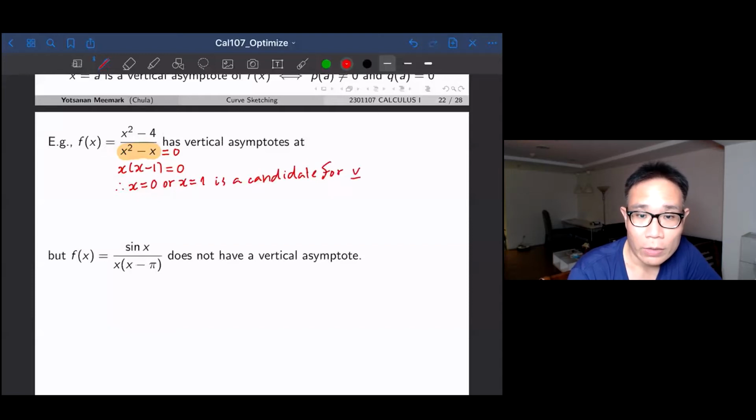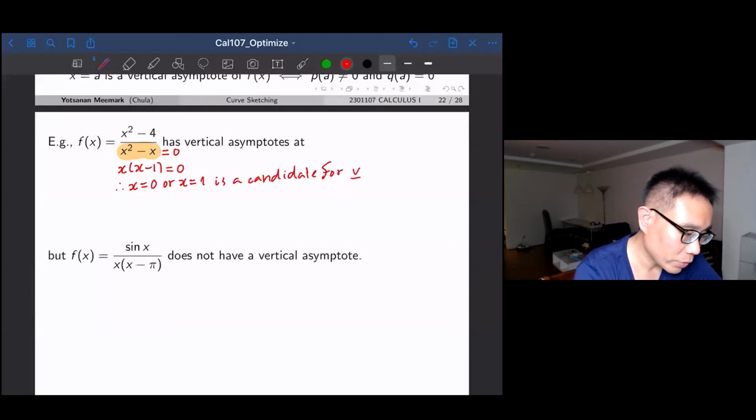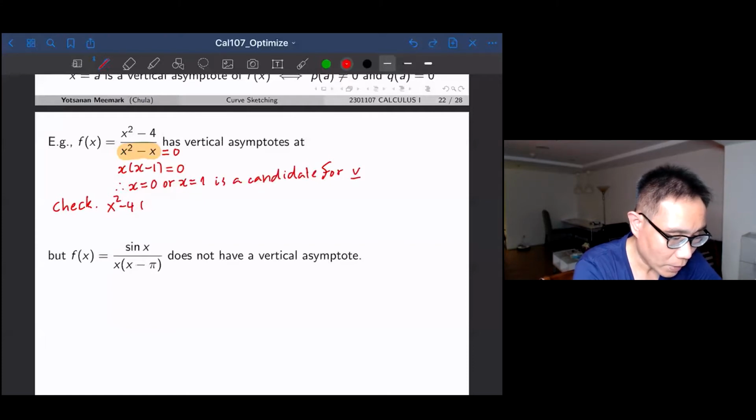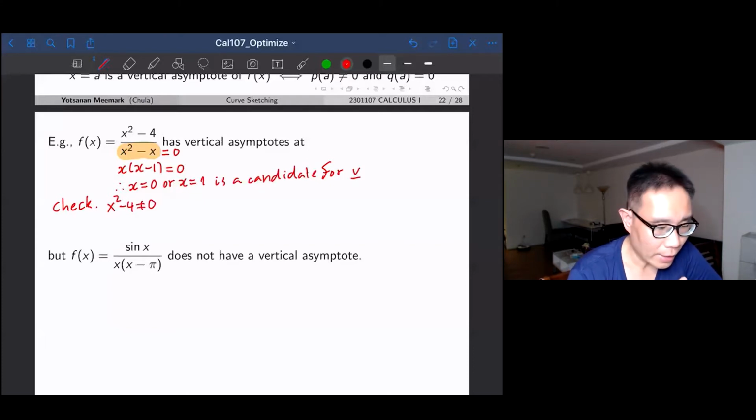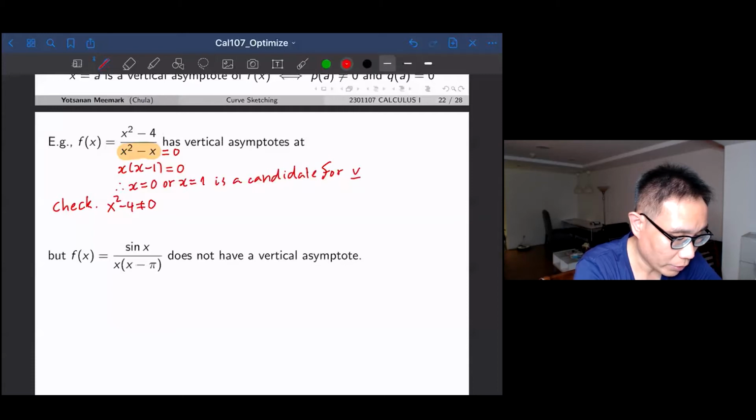In this case, we need to check that x squared minus 4 will not be 0 for these two x's. So you see that you have x equal to 0 or x equal to 1.